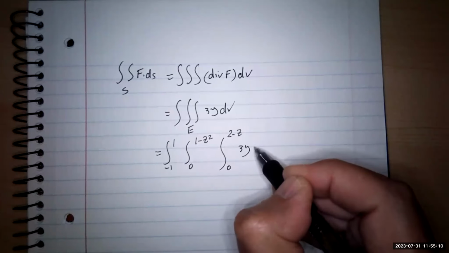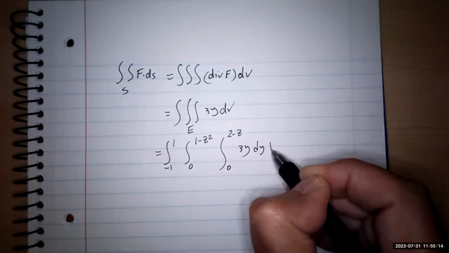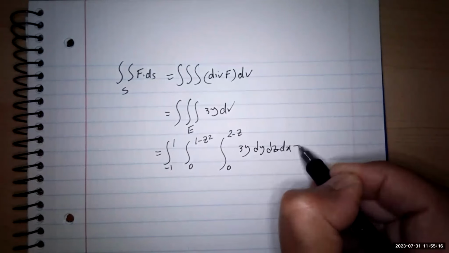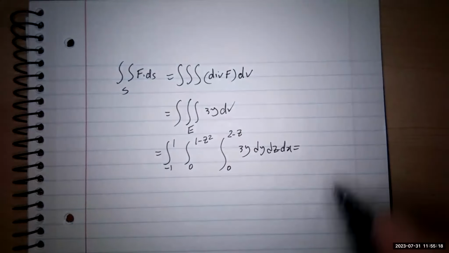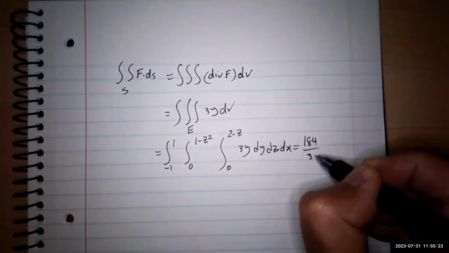Function 3y, differentiate with respect to y, with respect to z, with respect to x. It's very easy to find, just do it for yourself. 184 over 35.